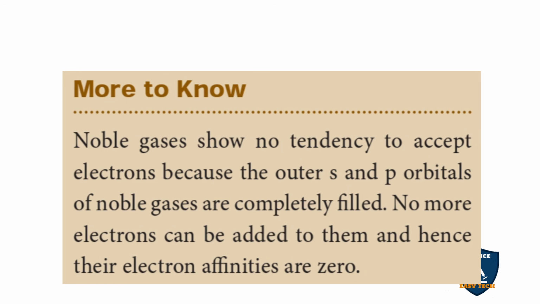So no more electrons can be added to them, and hence their electron affinities are 0. They may ask this for 1 mark. So the electron affinity of noble gases is 0 because there is no addition of electrons.